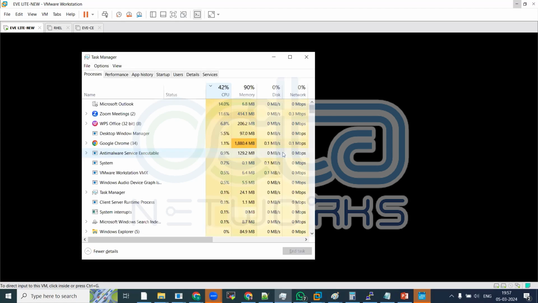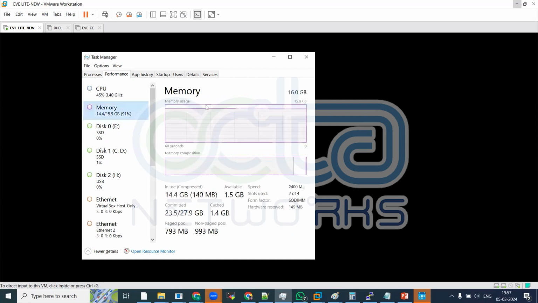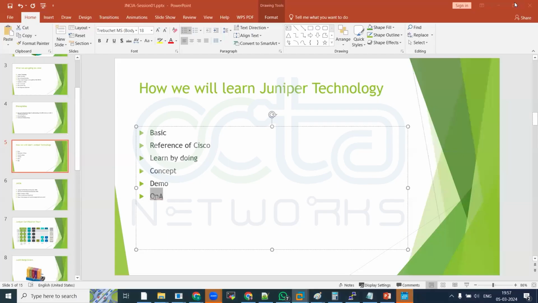Even though I'm running it on my laptop, here also we need resources like a good amount of CPU, vCPU, and memory. Only then is this software fruitful. Otherwise, it goes very slow, and you may not be able to do the practice. So for that, cloud infrastructures are there, and you have to see how you can arrange that.